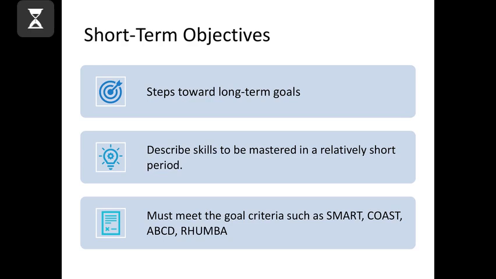But it's essentially, for an example, an ABCD goal includes the audience, the behavior, the condition, and the degree of mastery needed. Each letter represents a criteria. I believe you guys are familiar with COAST goals. We'll talk about goals at another time.